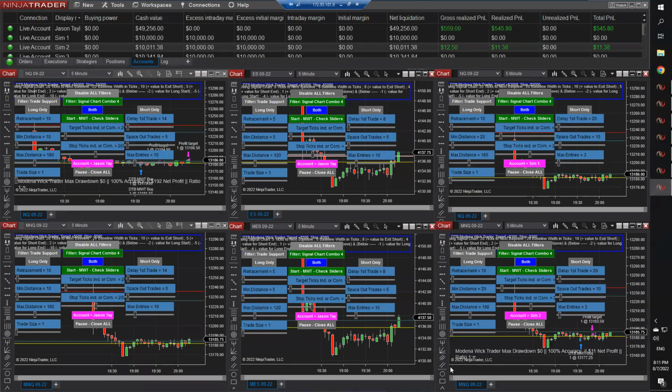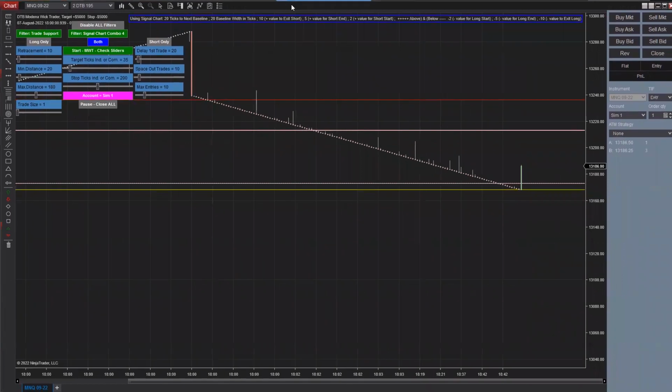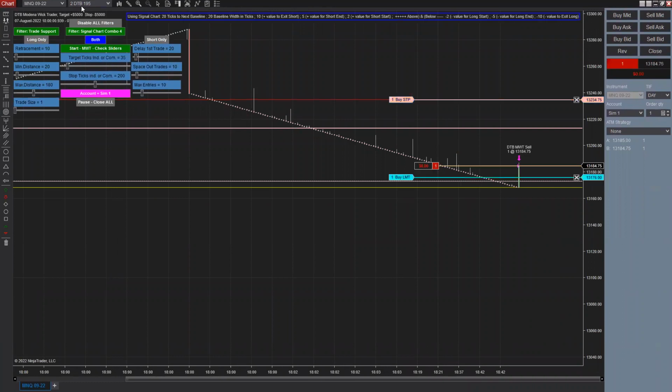So that is that. With regard to other updates, okay, so we did have a slight issue earlier on in the week with the trending baseline strategy, not entering positions on a trending baseline.